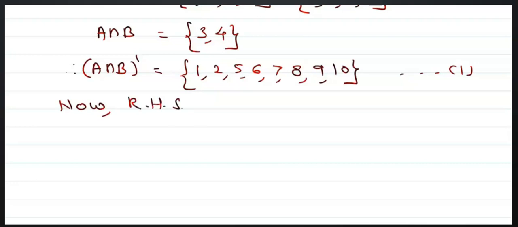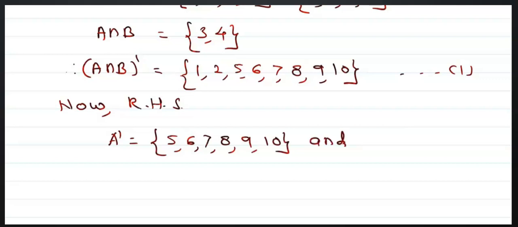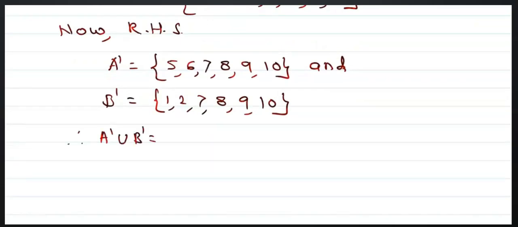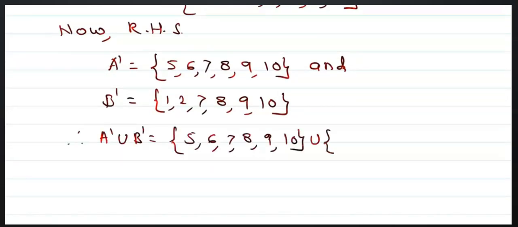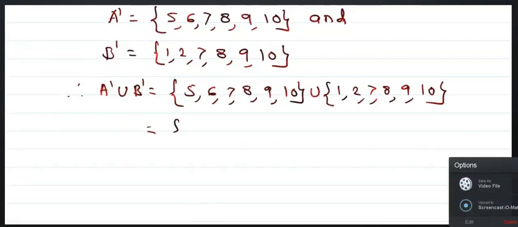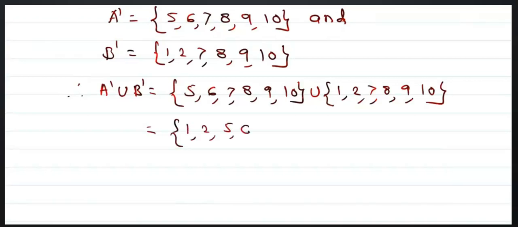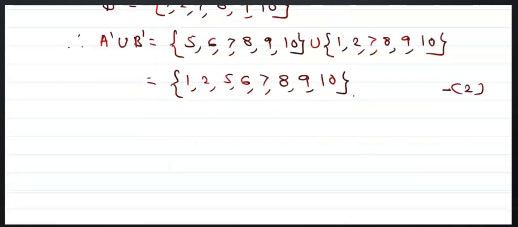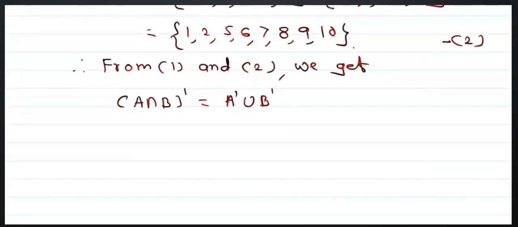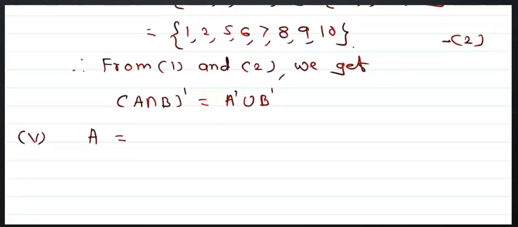Number 1. Now RHS, A complement is 5, 6, 7, 8, 9, 10 and B complement is 1, 2, 7, 8, 9, 10. Therefore, their union can be written as 1, 2, 5, 6, 7, 8, 9, 10. Therefore, from 1 and 2, we get (A intersection B) complement is equal to A complement union B complement.